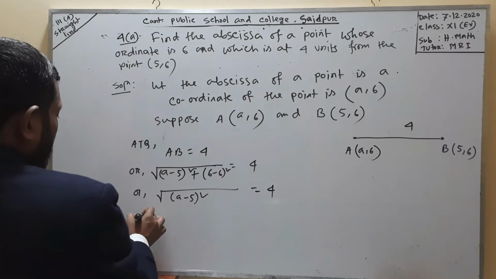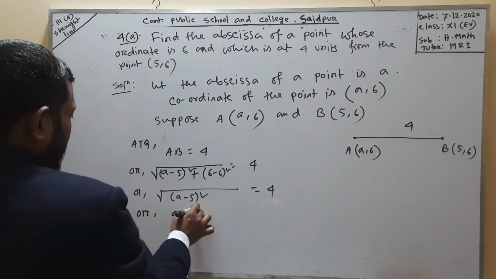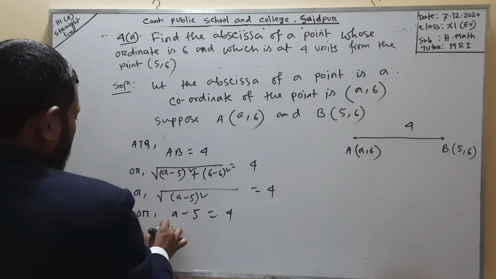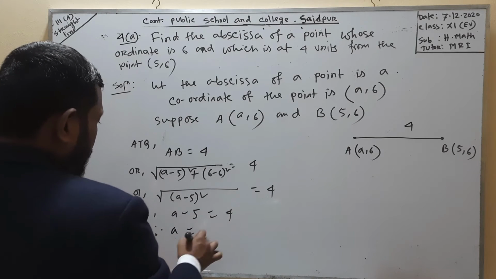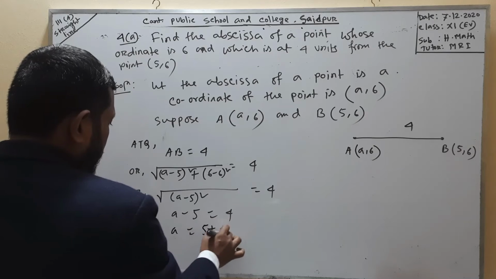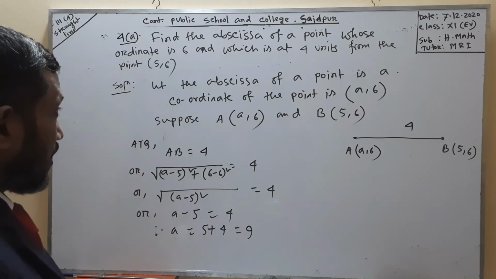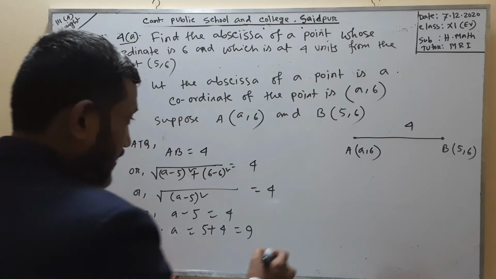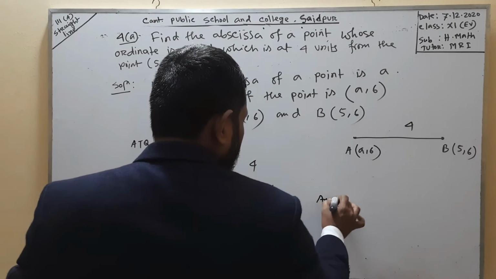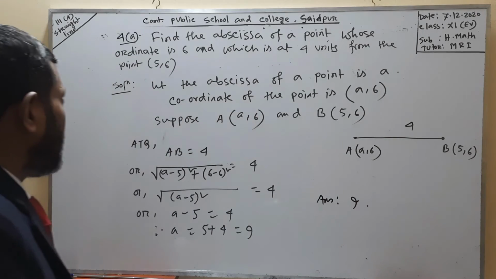Square and square root will cut, then we get A minus 5 is equal to 4, that is A is equal to 5 plus 4, 9. So the required abscissa of this point is 9.